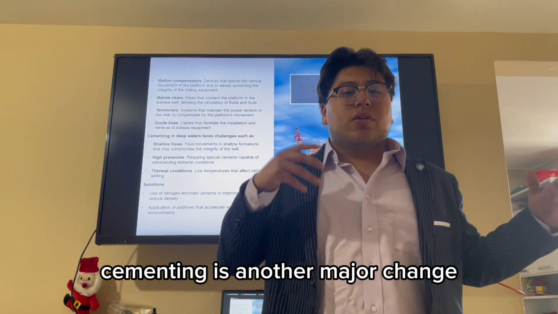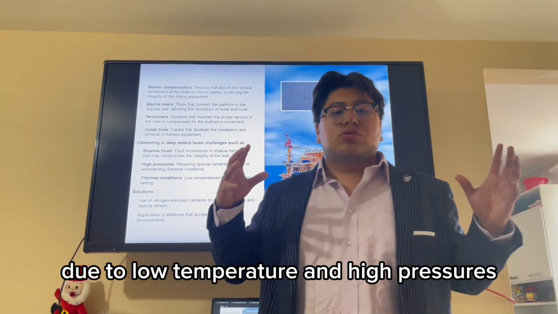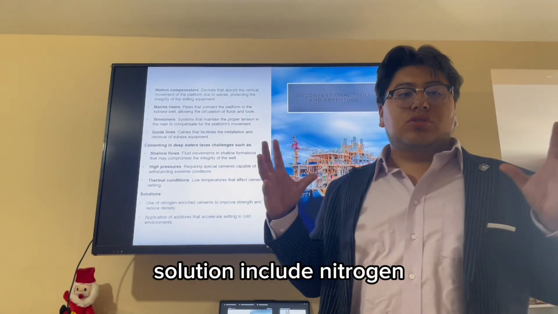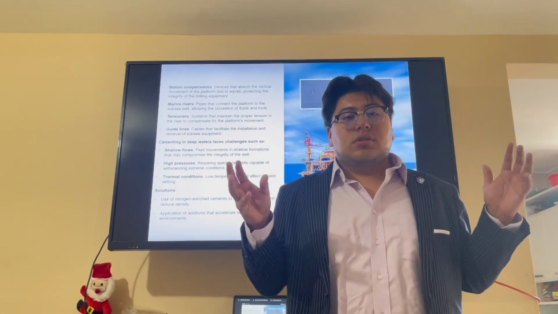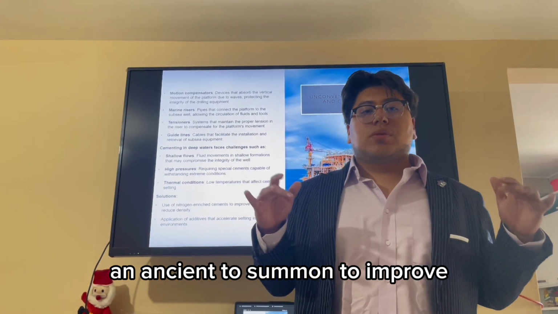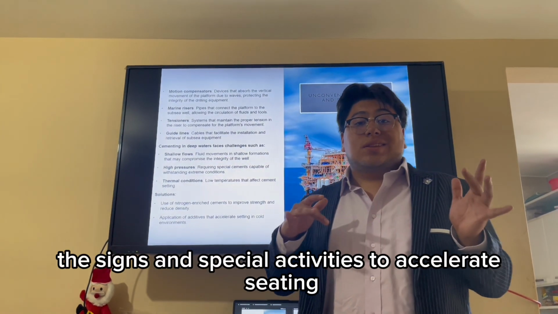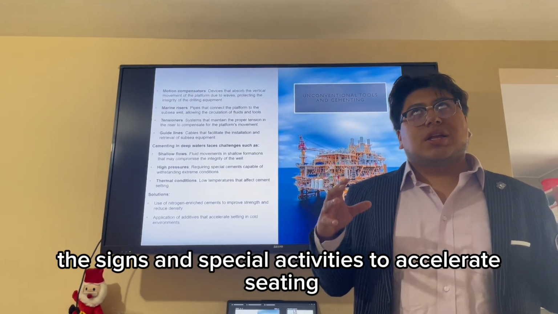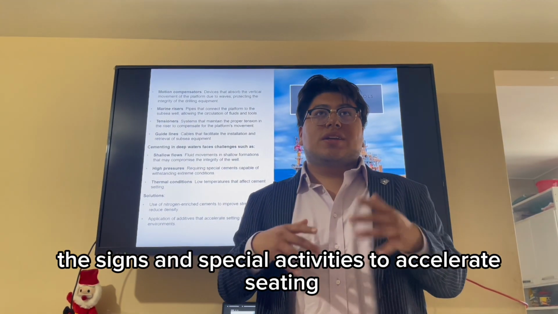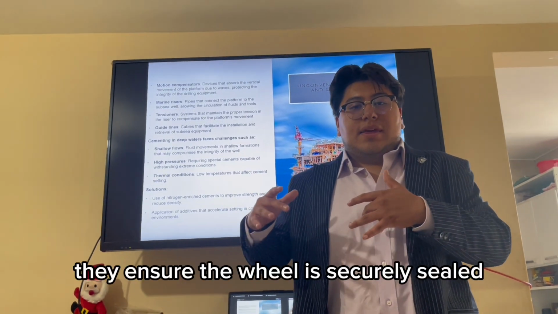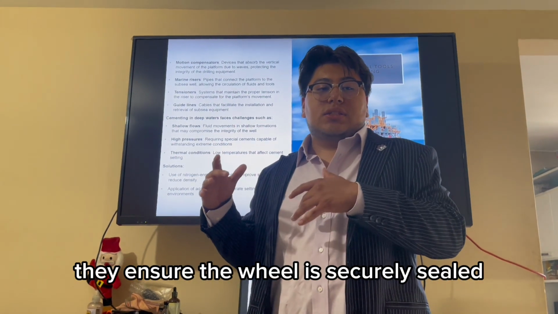Cementing is another major challenge due to low temperature and high pressures. Solutions include nitrogen and foamed cement to improve density without increasing weight, and special additives to accelerate setting in cold environments. They ensure the well is safe and secure.